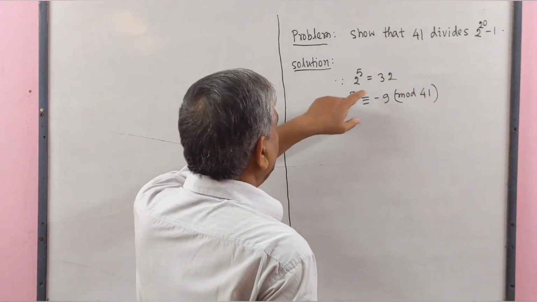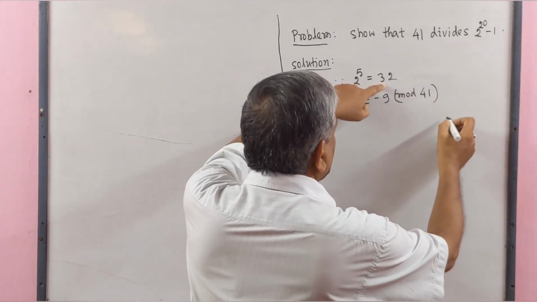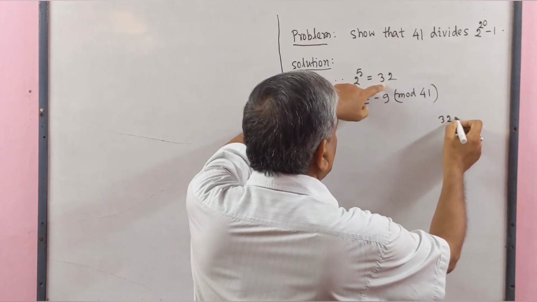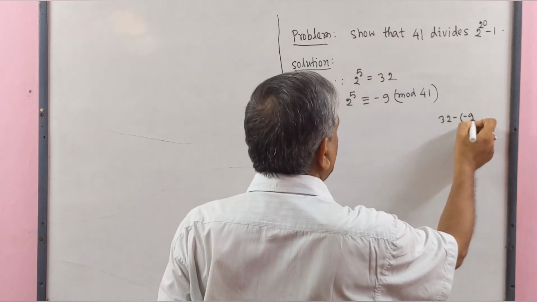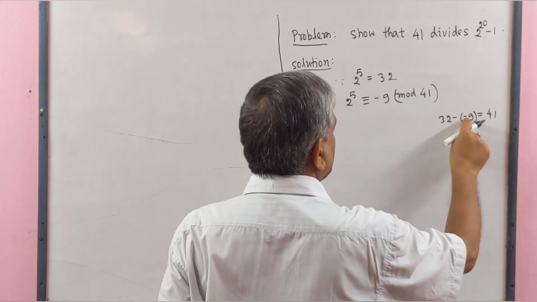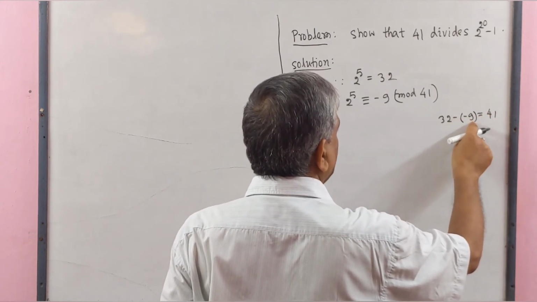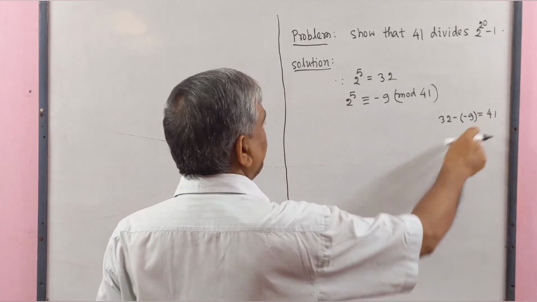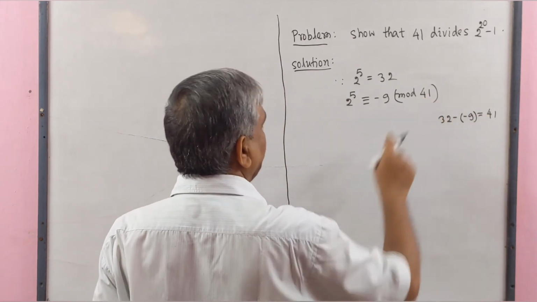Here 2 to the power 5 is 32, and 32 minus minus 9, that is 32 plus 9, is 41, and 41 is divisible by 41.